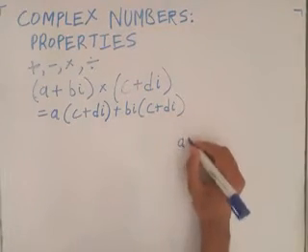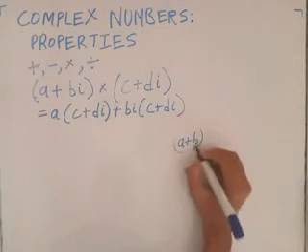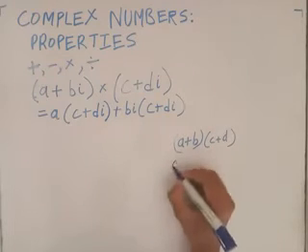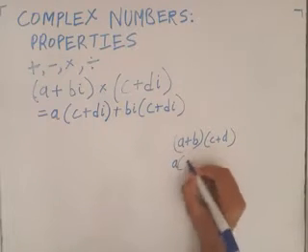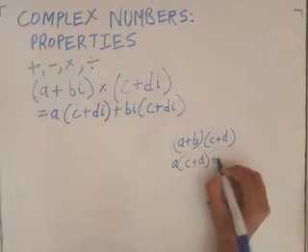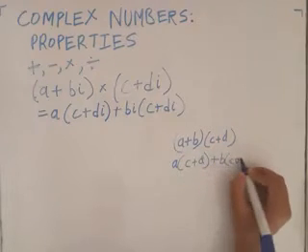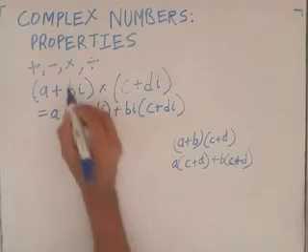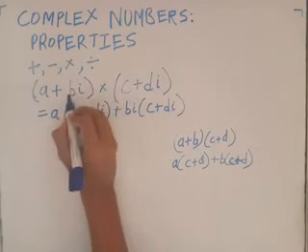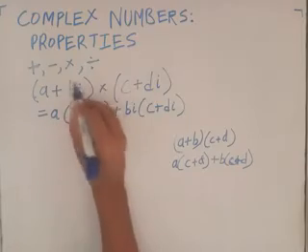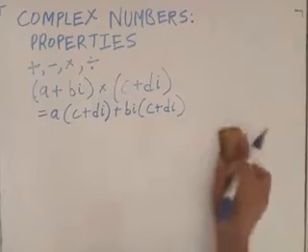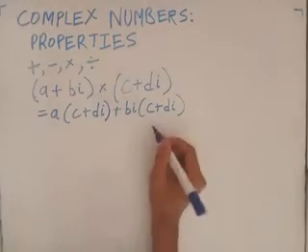Now if I have two real numbers a plus b multiplied by c plus d, I would just multiply a by the second term plus b multiplied by the second term. So this is exactly what I'm doing here. I've just considered this entire thing bi as the second half of the first term and this as the second half of the second term, and I have written it down just as if they were real numbers.